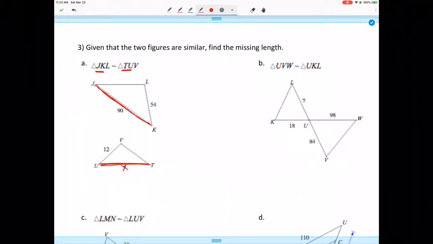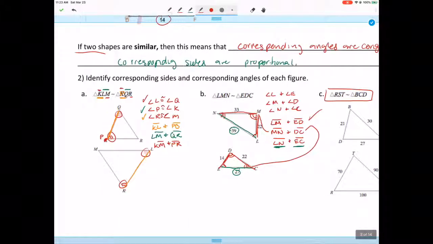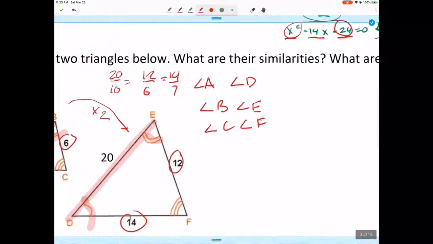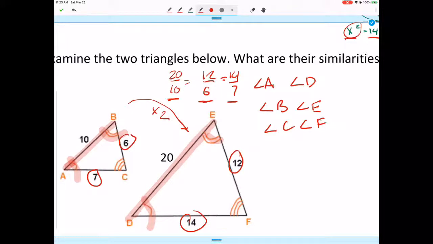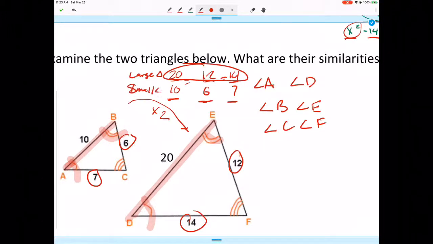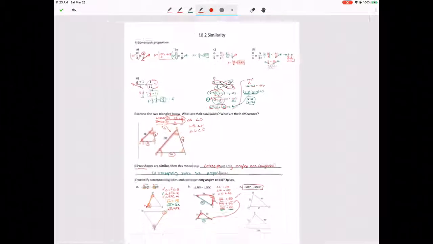Before, we talked about this kind of ratio, and all of those ratios will be the same. Here, the top numbers are the large triangle, and the small triangle is all the denominators. So we'll be doing the same thing.